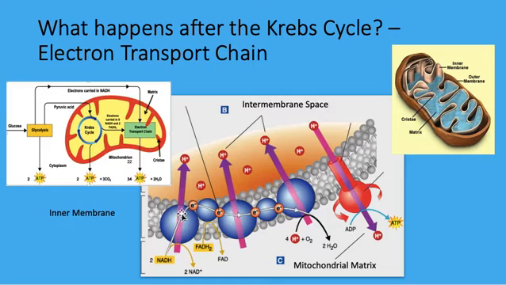FADH2 does the same thing. It provides electrons to move through the electron transport chain, and they meet with oxygen at the end to form water, pushing hydrogen ions through as they do. The last part is that those hydrogen ions, with a high concentration in the inner membrane space compared to the mitochondrial matrix, are pushed through ATP synthase, and that takes ADP and turns it into ATP.